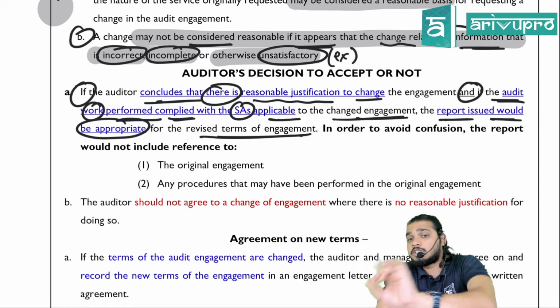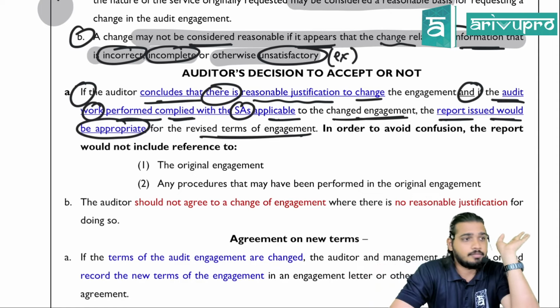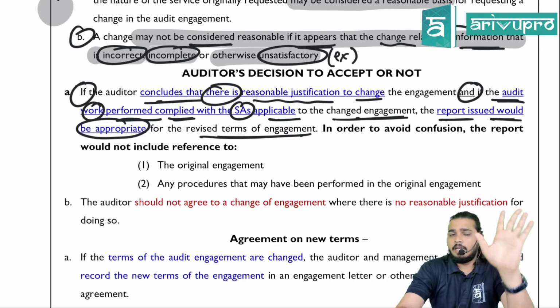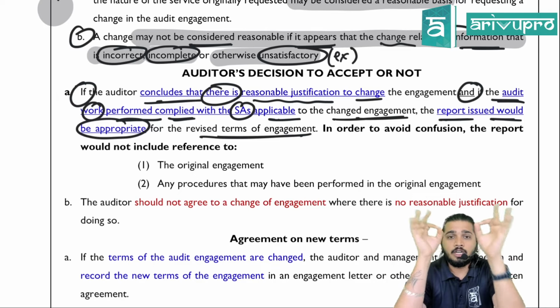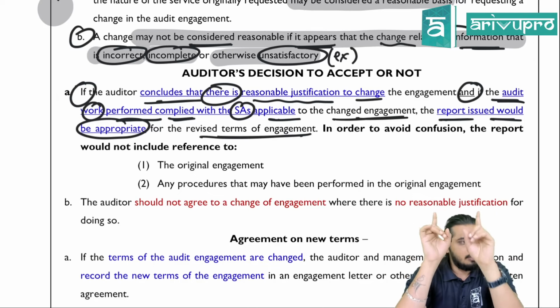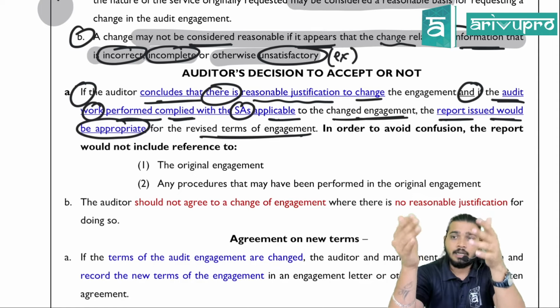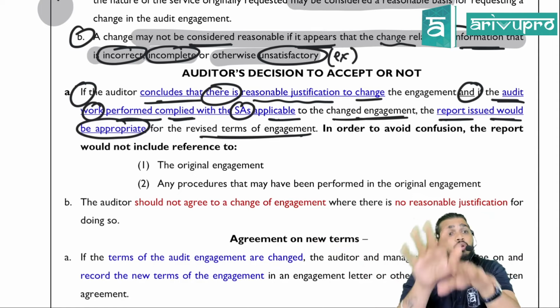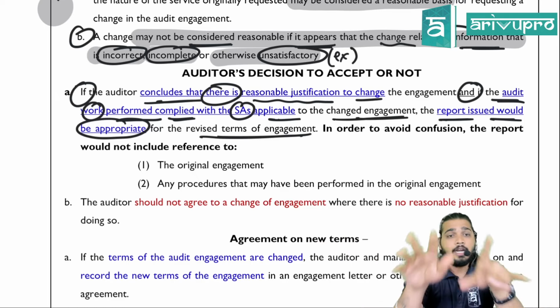You will not understand the language straight away. In simple language, they are telling that if the reason is justified, if there is a proper basis, then you accept it, and in the new engagement, in the new terms also, follow the SAs and give a new report.